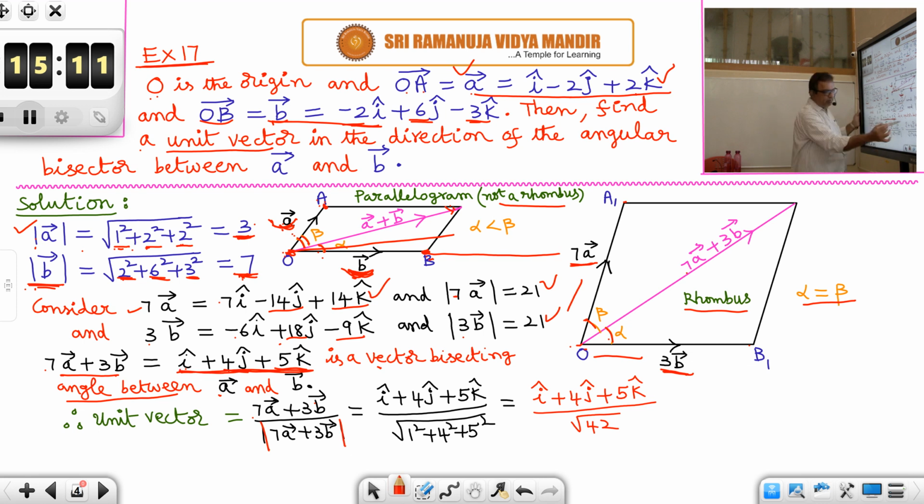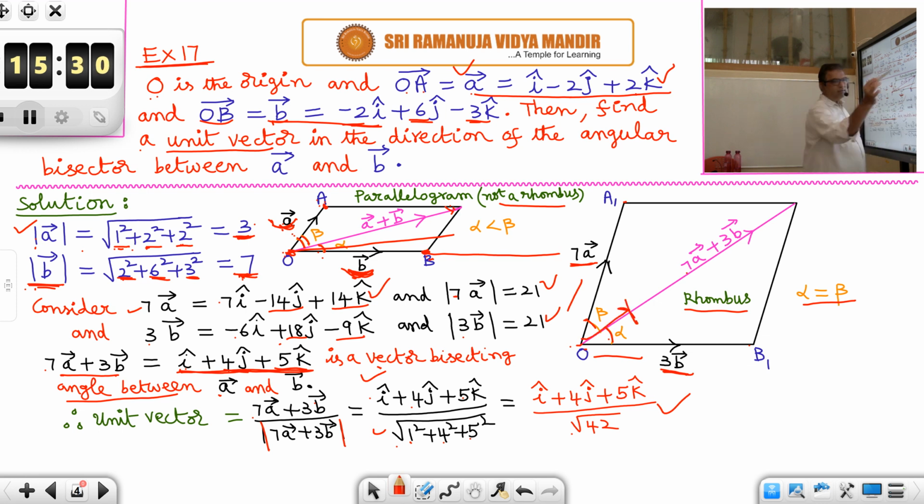So i plus 4j plus 5k is the vector. What is its magnitude? That should be in the denominator. Root of 1 square plus 4 square plus 5 square: 25 plus 16 is 41, plus 1, 42. Root 42. So this vector will be along the direction of the angular bisector.